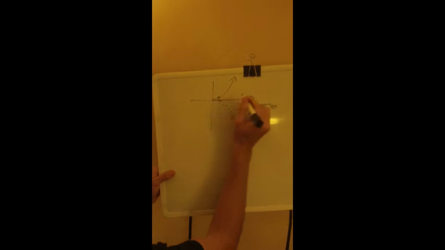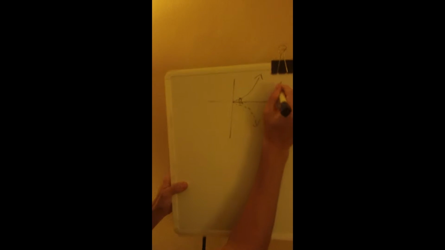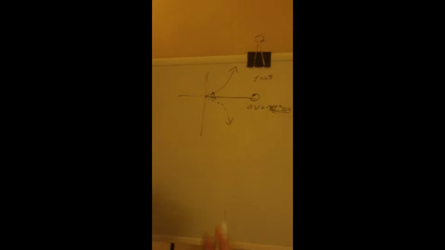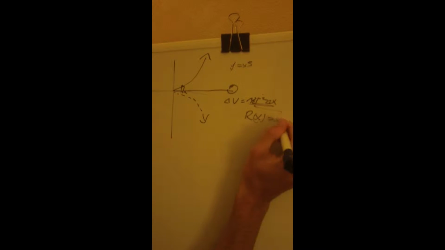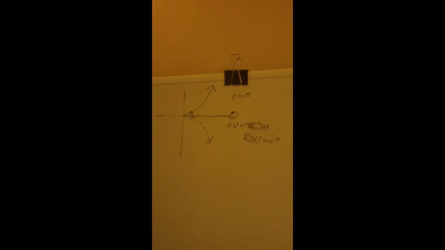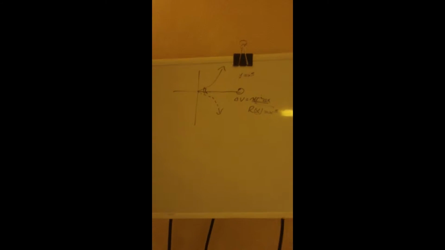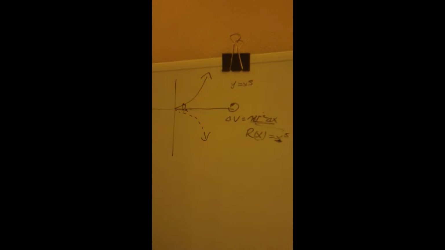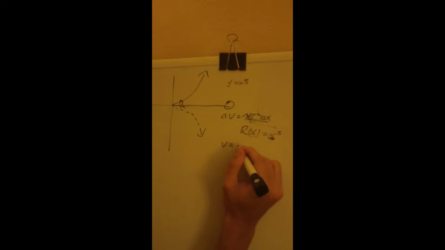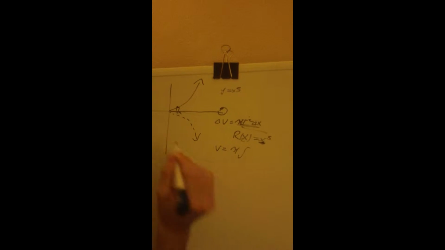So in this case, let's say this is something like y equals x cubed. We'll call it r of x equals x cubed. You're going to be squaring this value, because at any value x, it's going to produce your height. So the volume equals pi, you take pi out, times the integral from a to b.